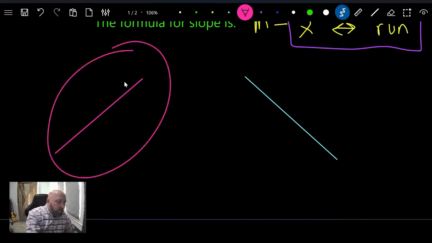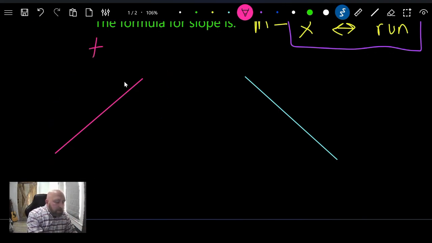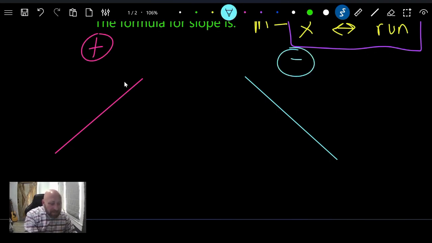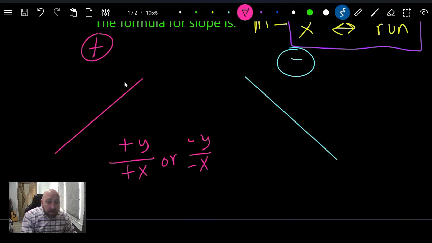But those are two different directions that it can point. This direction over here is the positive direction, and this direction over here is the negative direction. Now, when it's positive, your fraction is going to either be plus on the y and plus on the x, or it could be minus on the y and minus on the x.